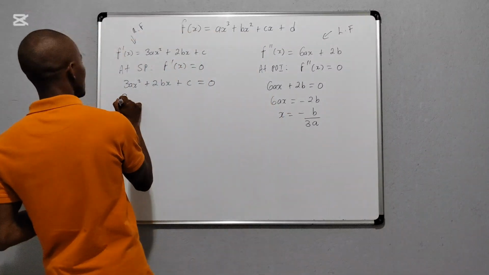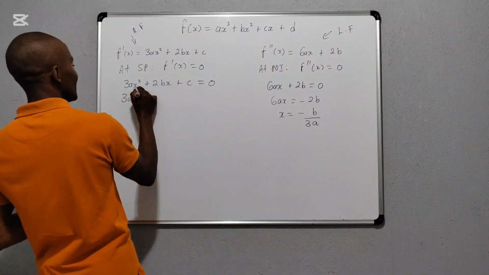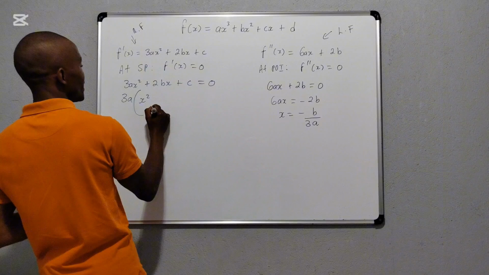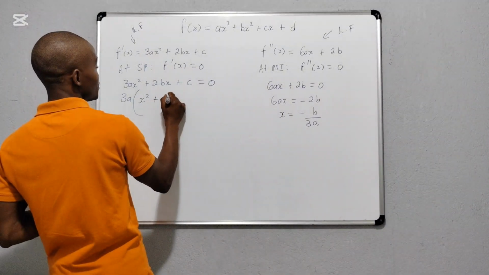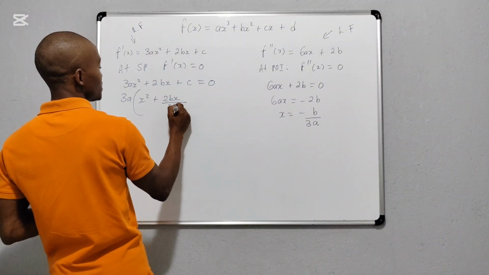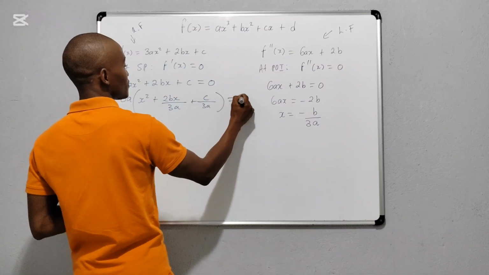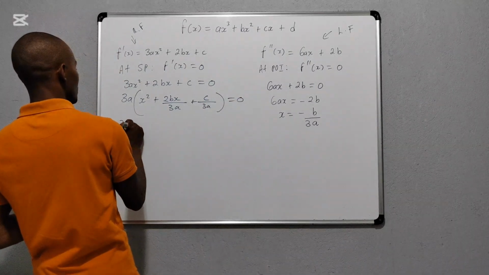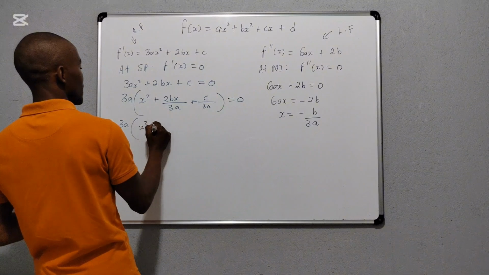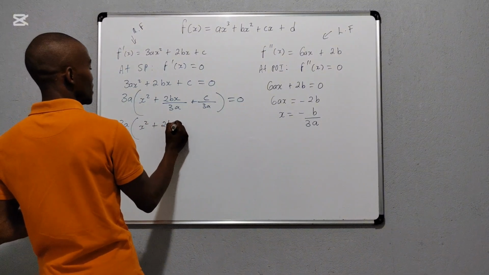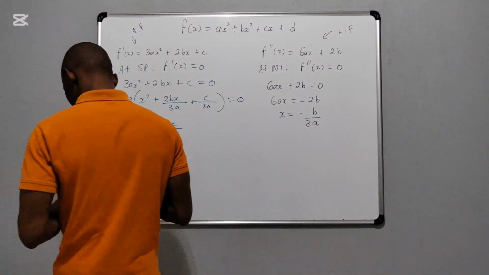So let's do that. We factor out the 3a here: x squared plus 2bx over 3a plus c over 3a equal to 0. So we have x squared plus 2bx over 3a.